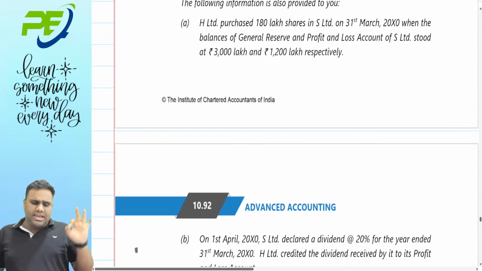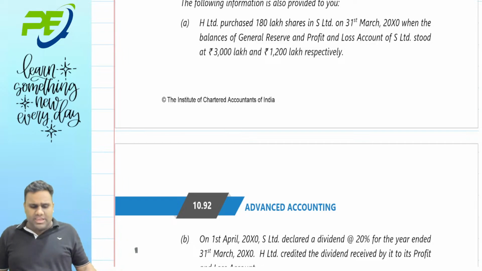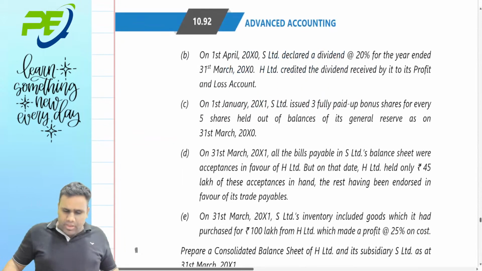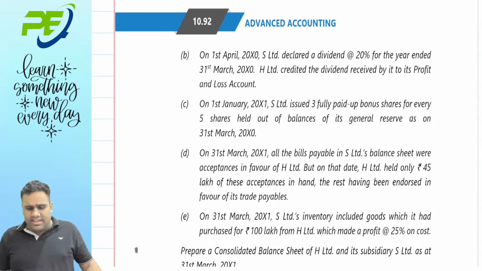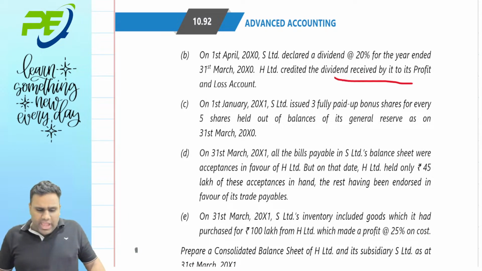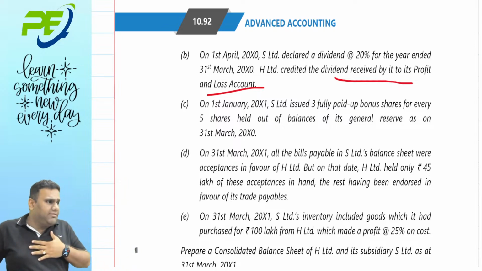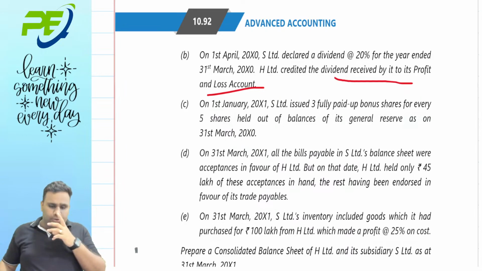H Limited purchased 180 lakh shares in S Limited on 31st March when the balance in general reserve and P&L stood at 3,000 lakhs and 1,200 lakhs respectively. On 1st April, S Limited declared a dividend at 20% for the year ended this. H Limited credited the dividend received by it to its P&L. A holding company, they did a blunder. Dividend they have received, they should have reduced the cost, but what did they do? Credited to P&L.